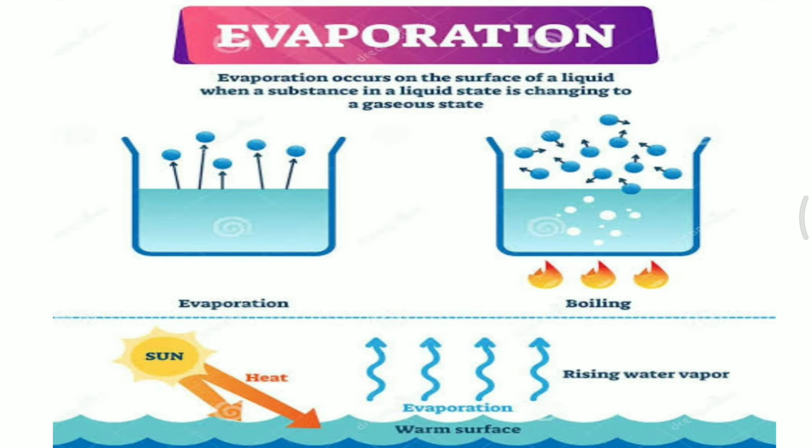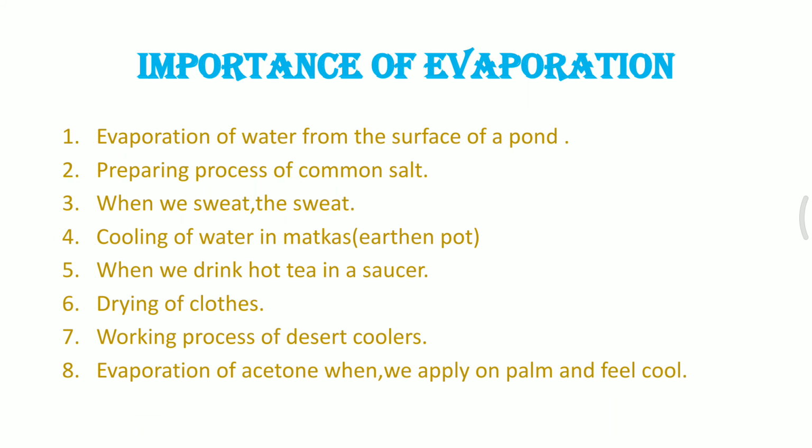And not only that, even the molecules, they are increasing. There is a high amount of energy gained by these molecules, and they are incapable of staying in the same state because of so much energy. So in order to stabilize themselves, they are releasing extra amount of energy in the form of vapor.